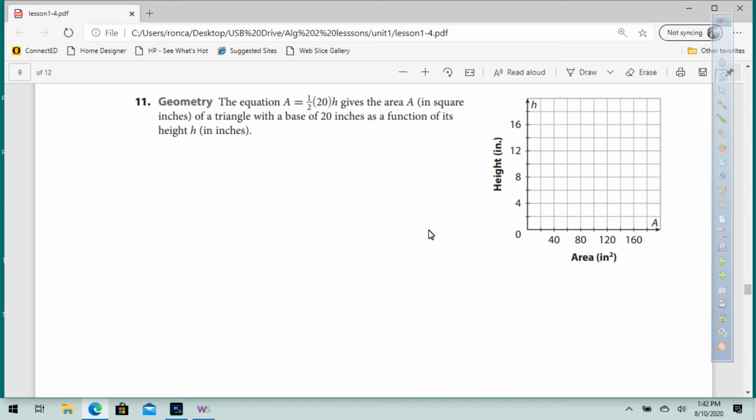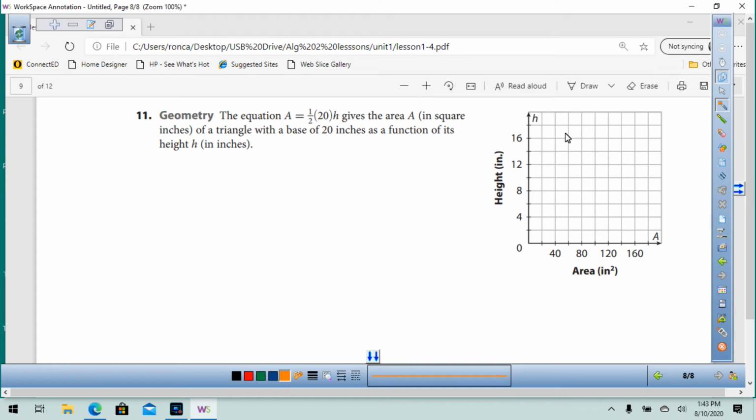Well, let's see here. Geometry. The equation A equals 1/2 times 20 times h gives the area A in square inches of a triangle with a base of 20 inches as a function of its height h in inches.